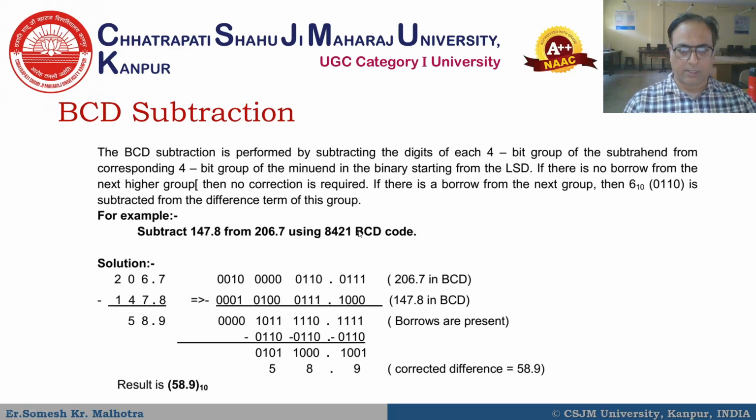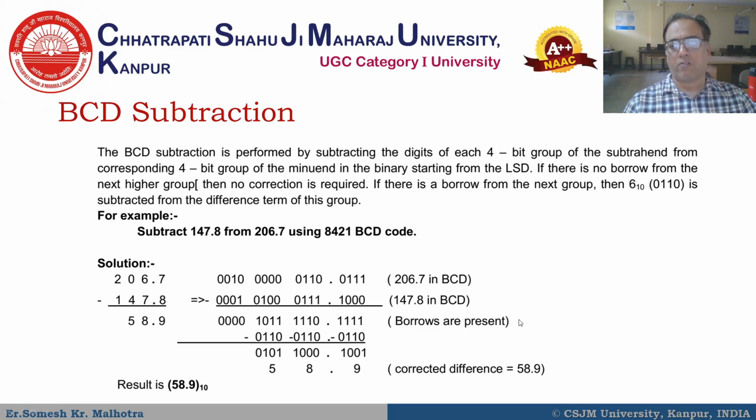BCD subtraction. The BCD subtraction is performed by subtracting the digit of each 4-bit group of the subtrahend from the corresponding 4-bit group of the minuend in binary, starting from the LSD. If there is no borrow from the next higher group, then no correction is required.